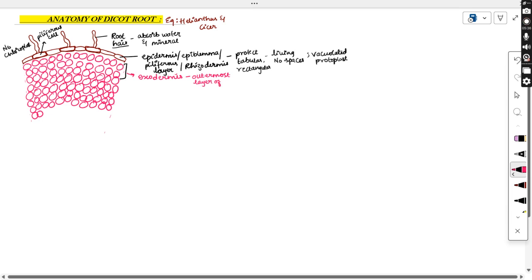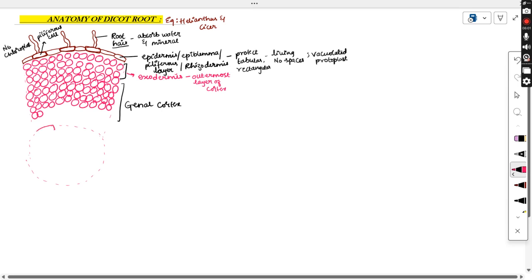So usually the cortex region is divided into the exodermis, and the remaining region is the general cortex. There is a layer of cells which surrounds the stele, with the pericycle and vascular bundles. We call it the endodermis.